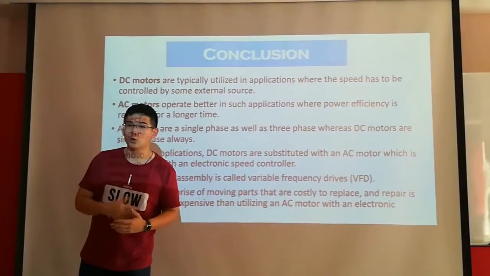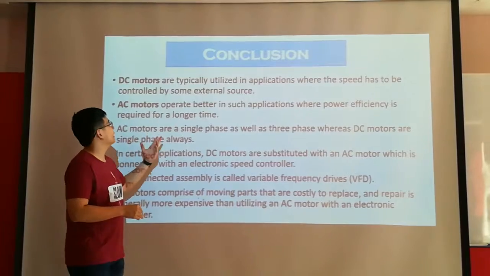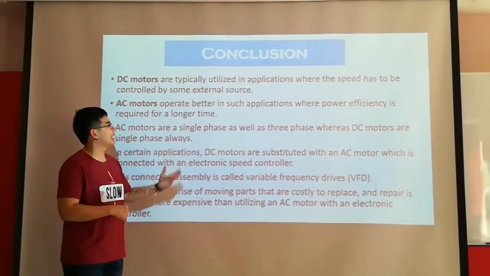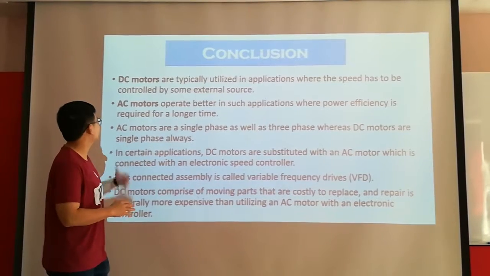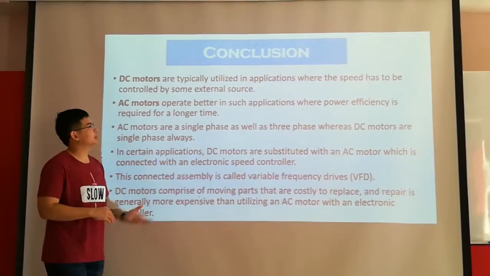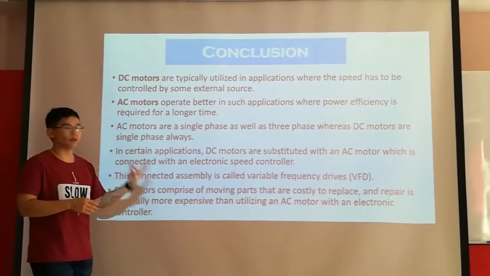So now for the conclusion, compare DC motor and AC motor. DC motors are typically utilized in applications where the speed has to be controlled by some external source. AC motors operate better in applications where power efficiency is required for a longer time.